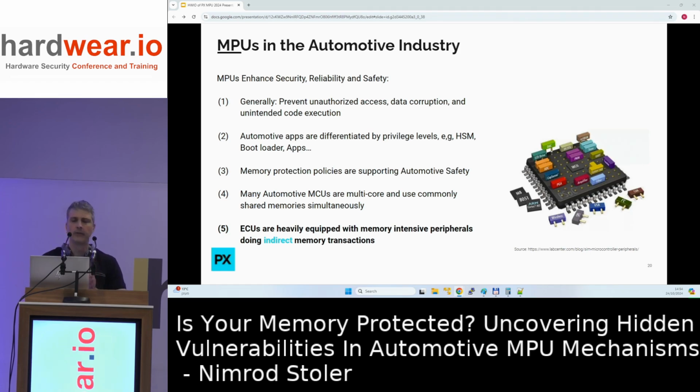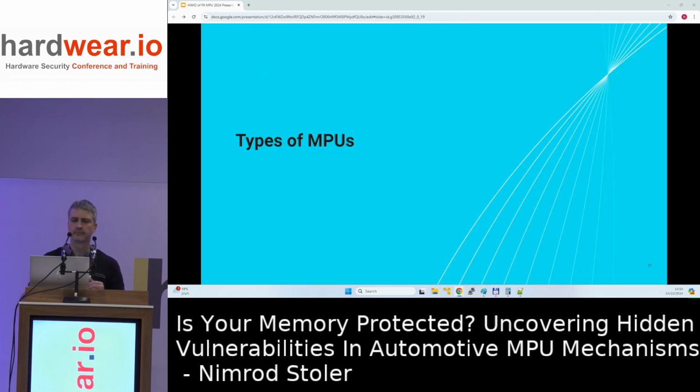Those also need to be monitored since they may be maliciously exploited to gain indirect access where direct access is forbidden to those commonly shared memories. Since MPUs, again, are source aware, they can just as easily secure this type of memory access to promote the security of automotive systems.